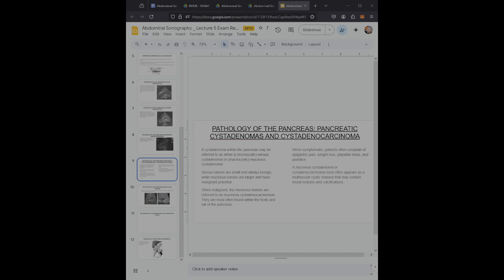So sonographically, serous cystadenomas are presenting as cystic masses, and they may appear solid, whereas mucinous cystadenomas and cystadenocarcinomas present as multilocular cystic masses with mural nodules and calcifications. There may be associated dilation of the pancreatic duct.